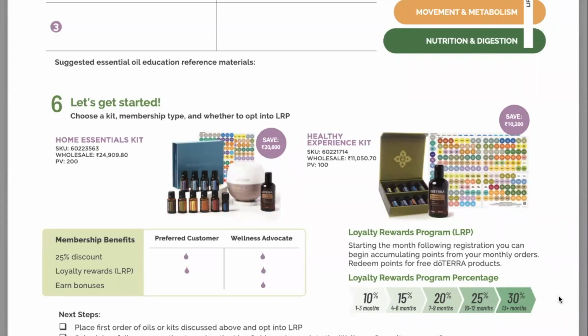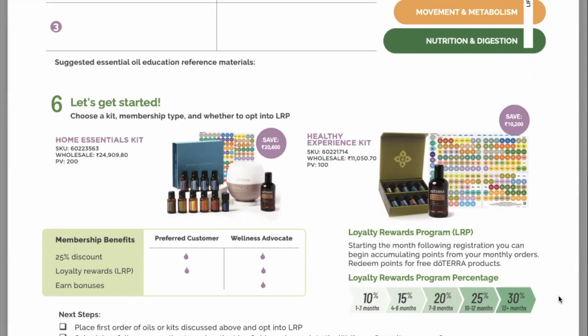That means, for example, if you place an order of 100 product volume, and that could be 4 bottles of oil, that could be 7 bottles of oil, that's where you can then get up to 30% off. So that could be another 2 bottles of essential oil free that you're getting for each month that you're purchasing those oils.